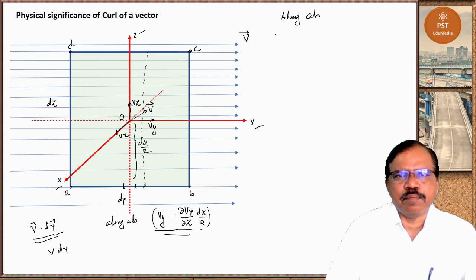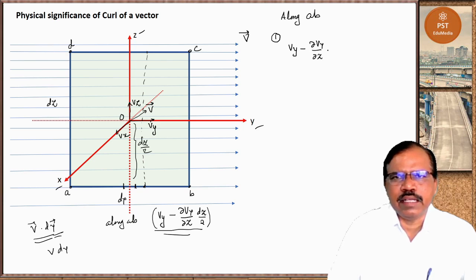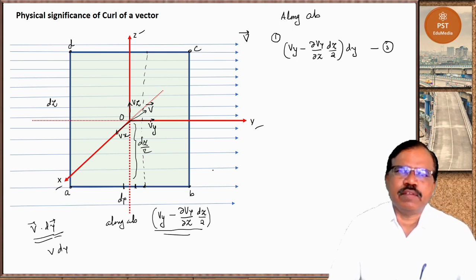So along AB we get the line integral Vy minus ∂Vy/∂z into dz/2, multiplied by dy. Let us call this equation 1.